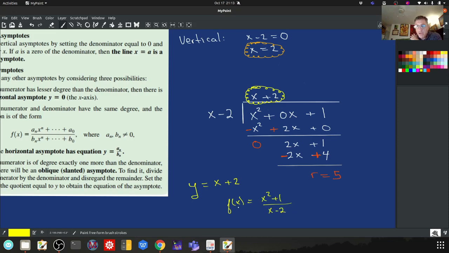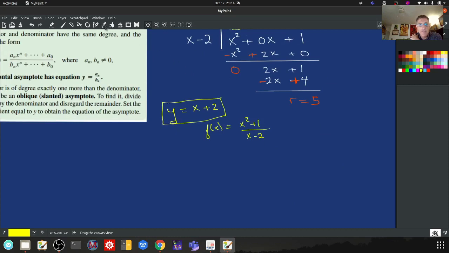So I want to know if any value of f of x is equal to a point on that line. So what I would do in this case is you set the function x squared plus 1 over x minus 2 equal to x plus 2, and you solve.